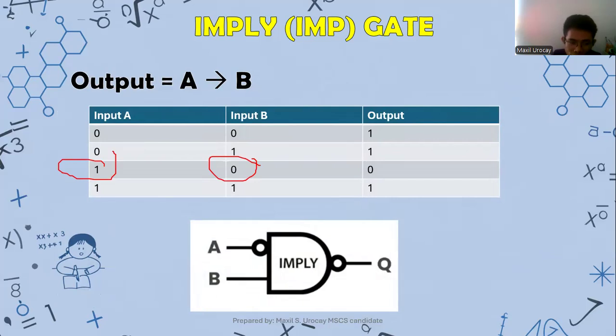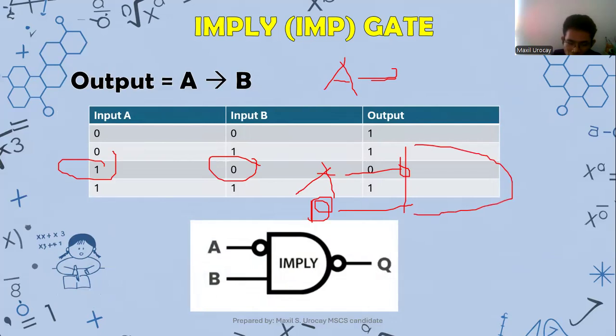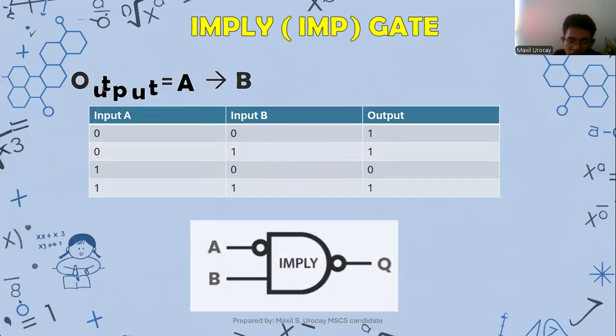So what will happen for the implication if A implies B? It will be like this: A, B, then A. There will be an inverted input for the A. And then for B, there is an inverted input as well. We're not always utilizing this.